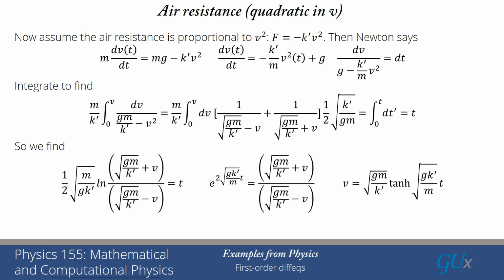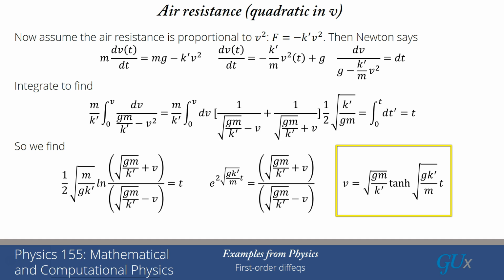And then you can recognize that the numerator is going to be 2 times the hyperbolic sine, and the denominator is going to be 2 times the hyperbolic cosine. And of course, hyperbolic sine over hyperbolic cosine is just equal to the hyperbolic tangent. And when all the dust settles, you find v is equal to the square root of gm over k prime times the hyperbolic tangent of the square root of gk prime over m times t.